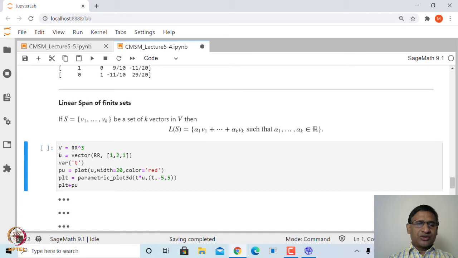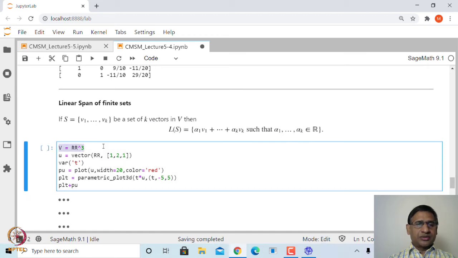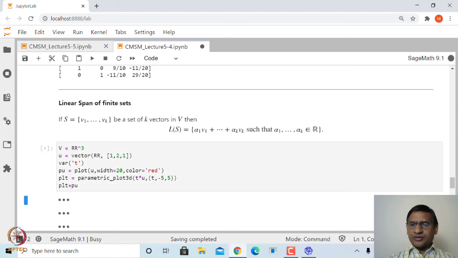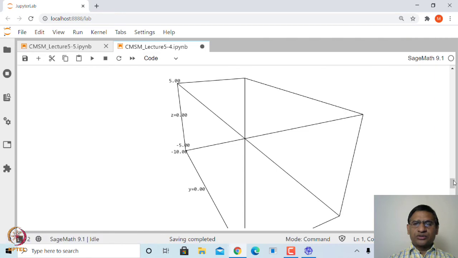For example, let us take a vector space capital V which is R3 and a vector U over R, 1, 2, minus 1. That's an element in V, you can check. Suppose we plot this vector and all the scalar multiples of U, then what you expect is a straight line passing through it.